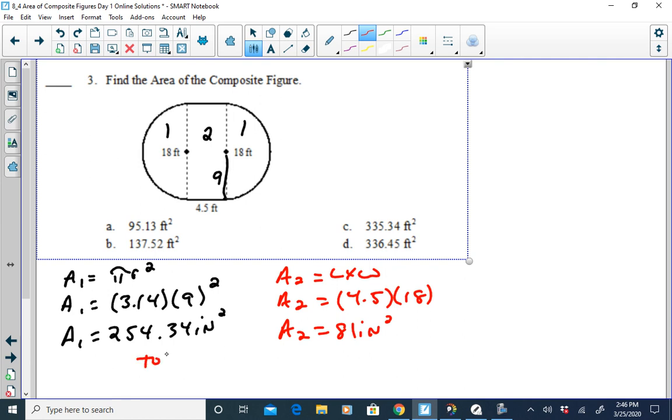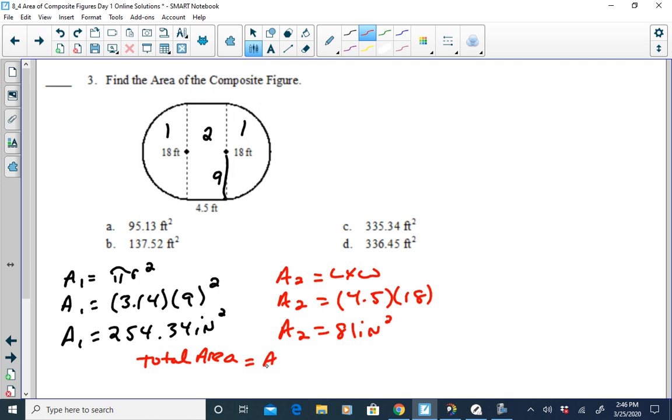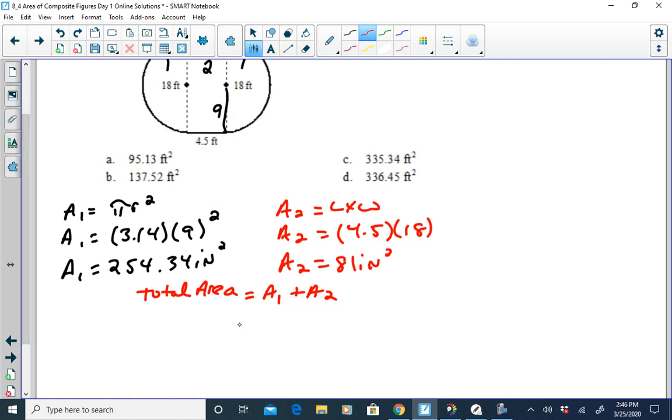So the total area is going to be equal to A1 plus A2, so that's 254.34 plus 81, which is 335.34.